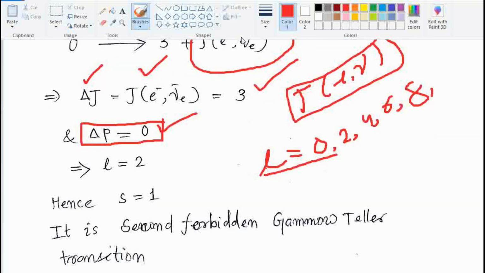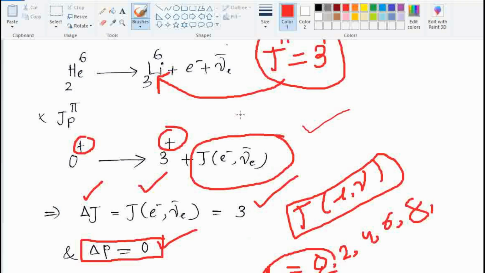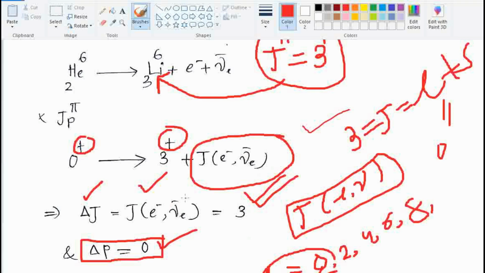So if you take L equal to 0, to get del J equal to 3, since J equal to L plus S, and we already know that J equals del J equal to 3, L should be 3, but we cannot have S more than 1, so the S value can be 0 and 1.